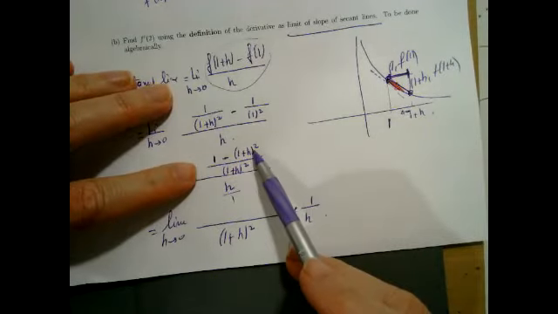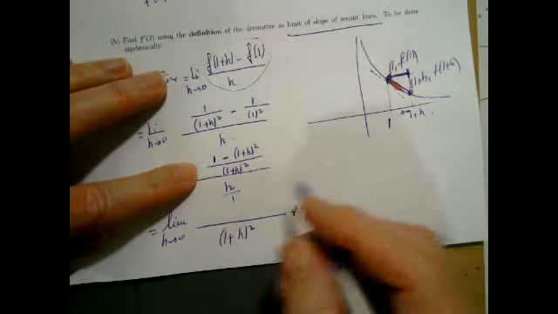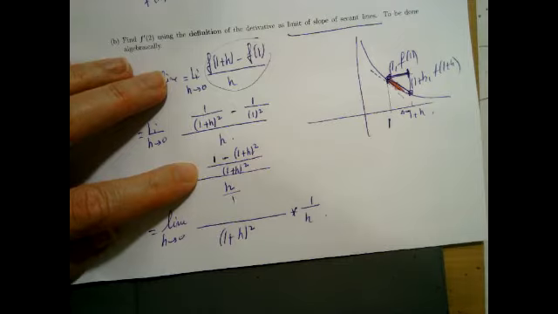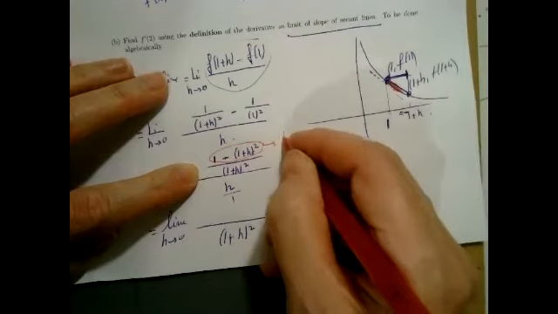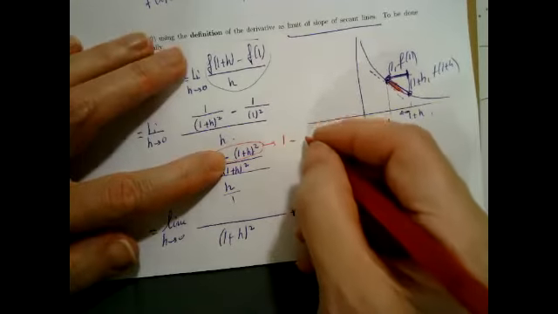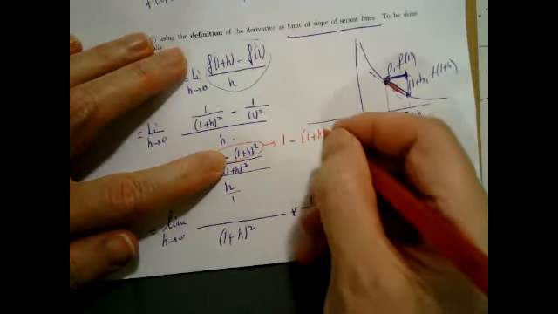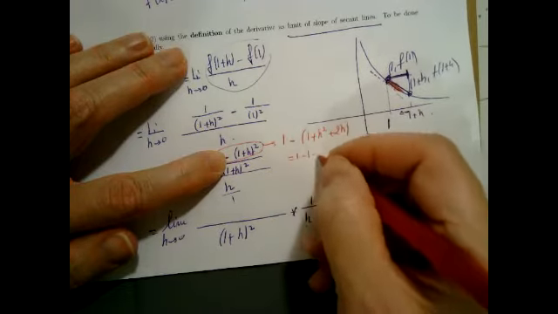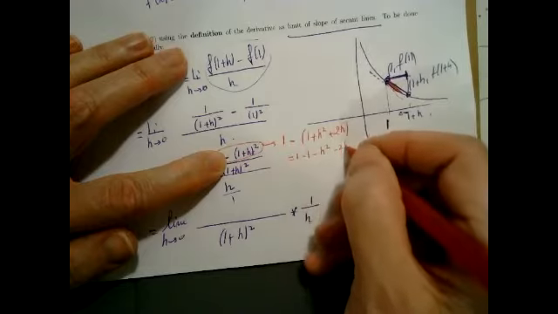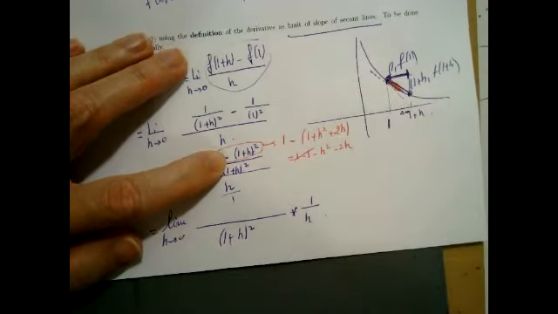So I'm going to expand the top. 1 plus h squared is 1 plus h squared plus 2h. So it means 1 minus 1 minus h squared minus 2h. Those will cancel each other out.